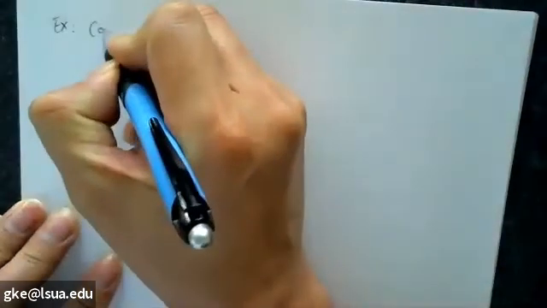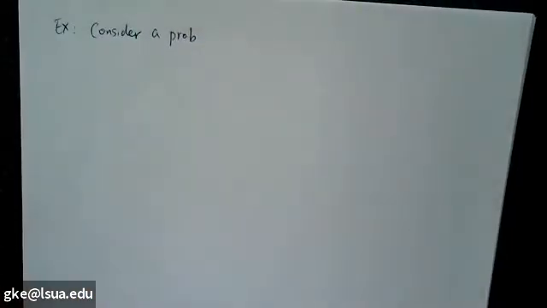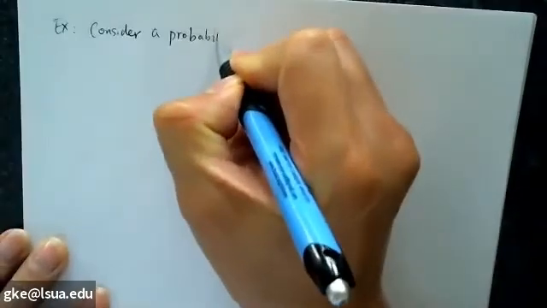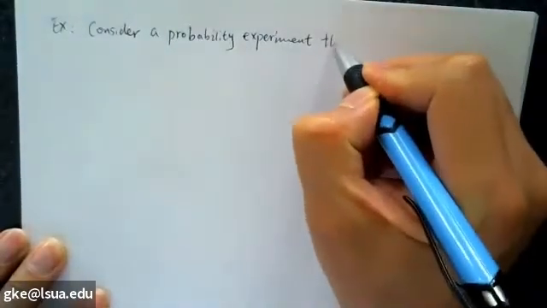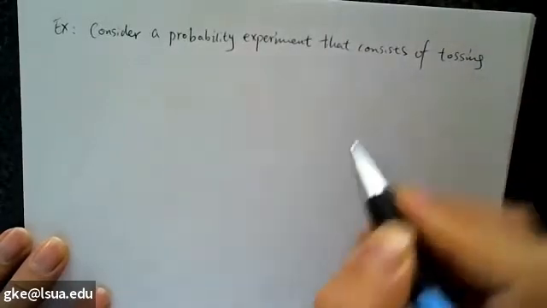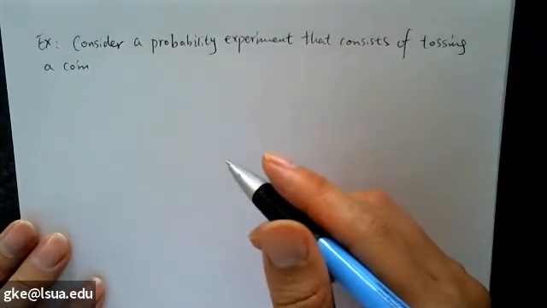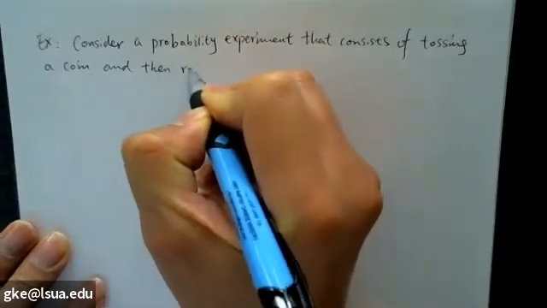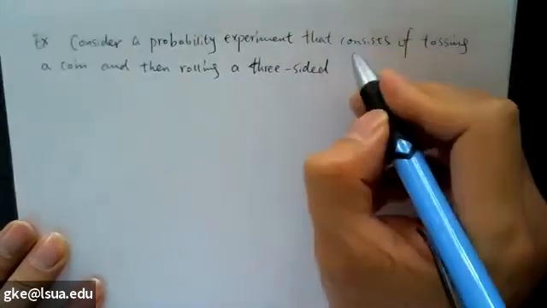So, example here. Consider a probability experiment that consists of tossing a coin and then rolling a three-sided die.